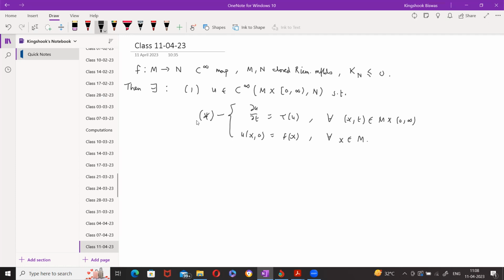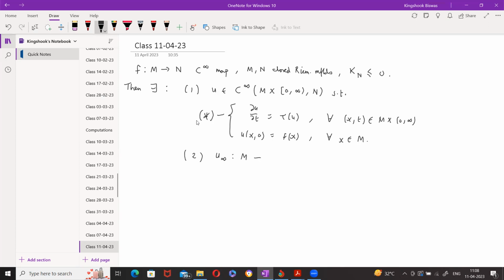So the first point was existence of a solution of the harmonic map heat flow starting from F and defined for all time.